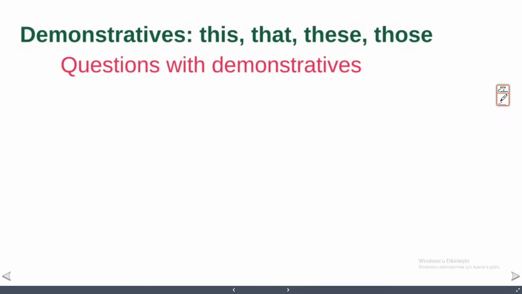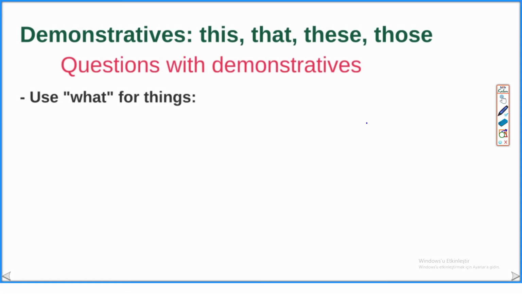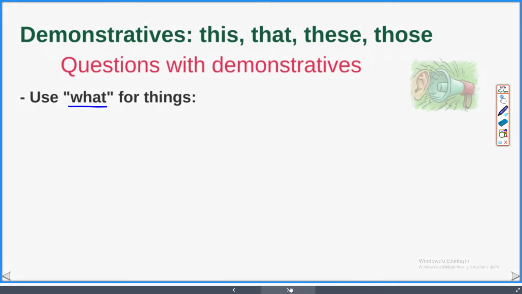For example, use what for things. As I told you, WH questions before, we use what for things. For example, we have a sound and what is that noise? What is that noise? I wonder where that noise comes from?